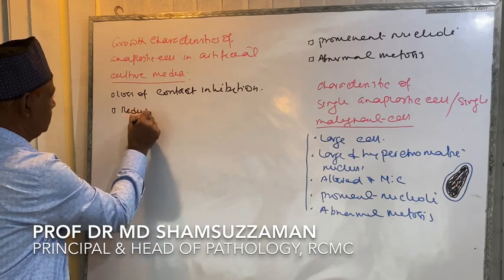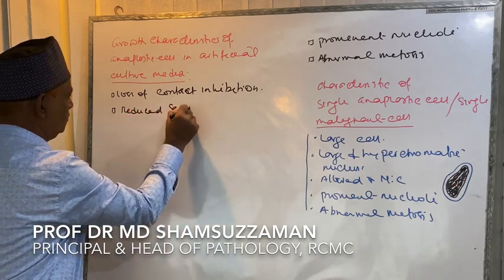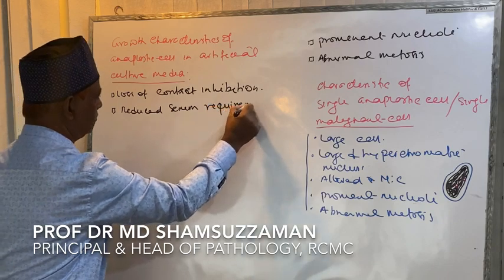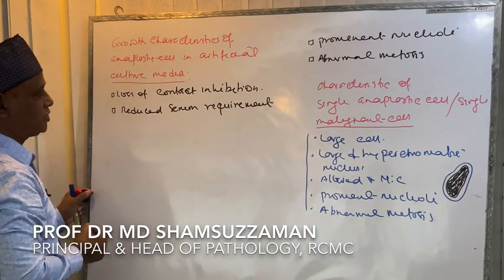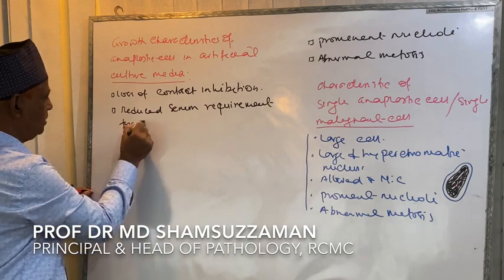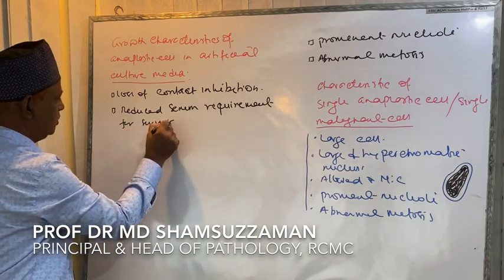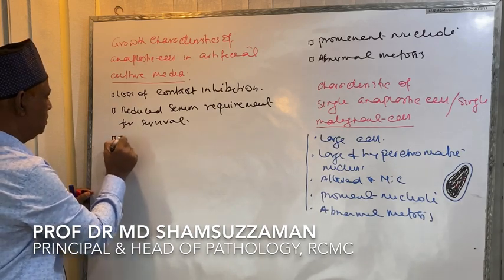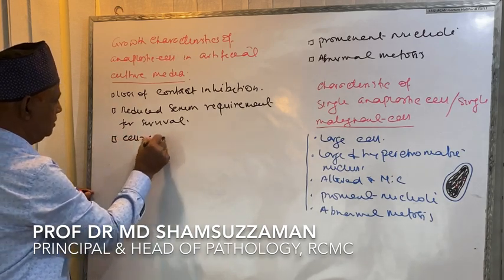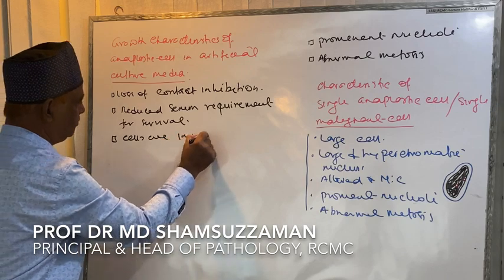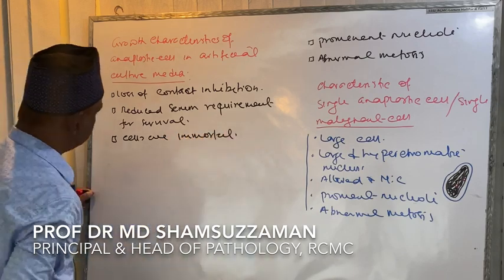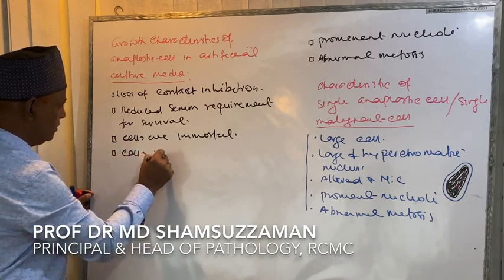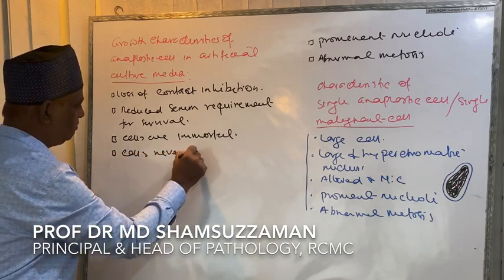Reduced serum requirement for survival of anaplastic cells. Cells are immortal. Cells never maturate.